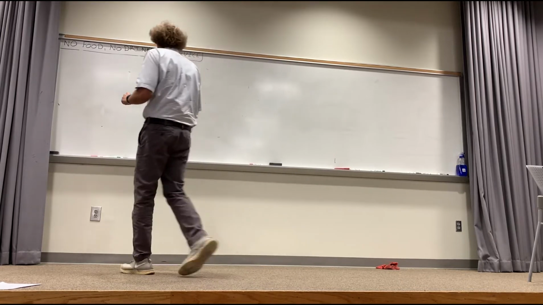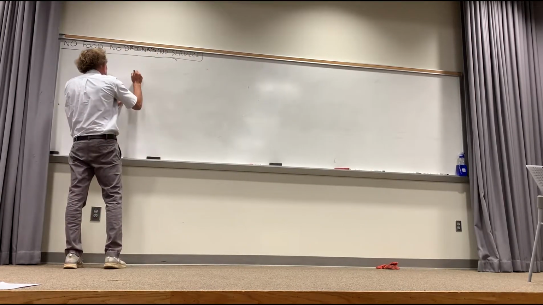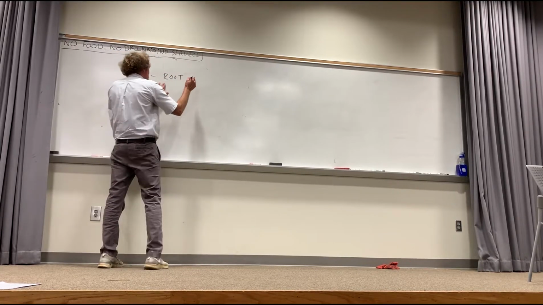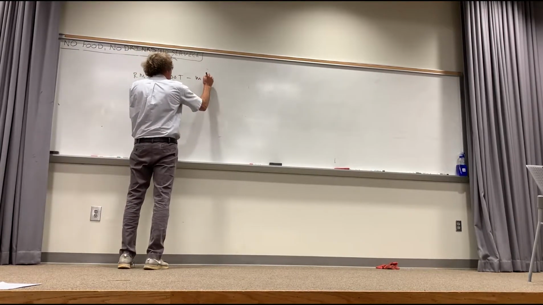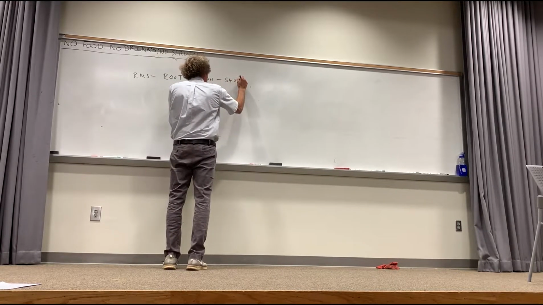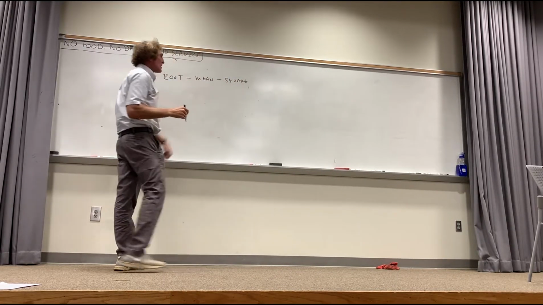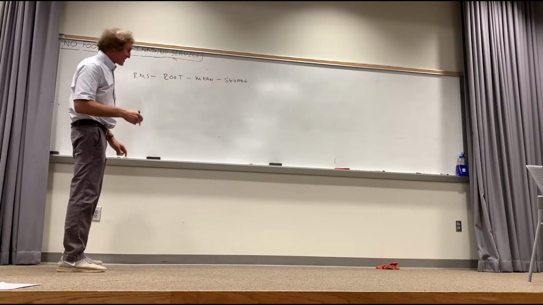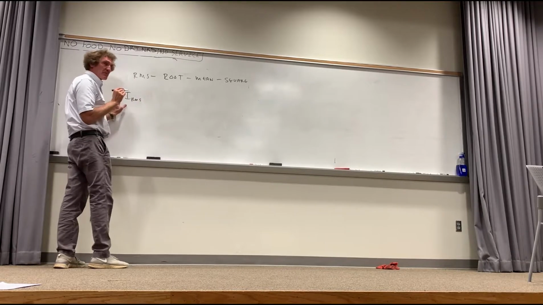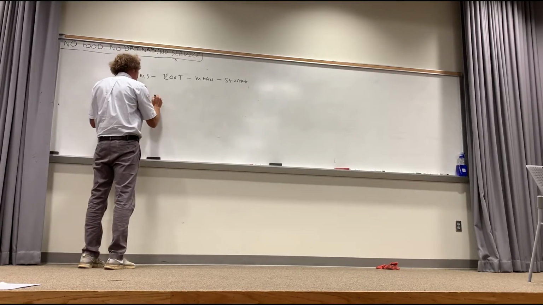So when we talk about RMS, it stands for root, square root to be honest with you, and then mean. So a mean is an average of the square. So it's going to be the square root of the mean of the square of the thing. So when I talk about the RMS value for current, it's actually the square root.